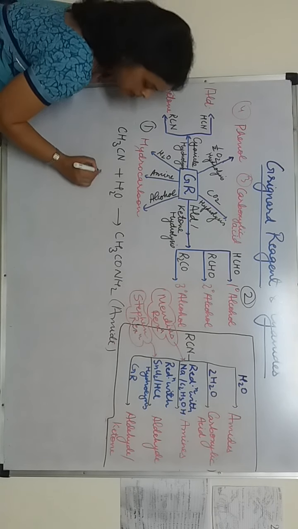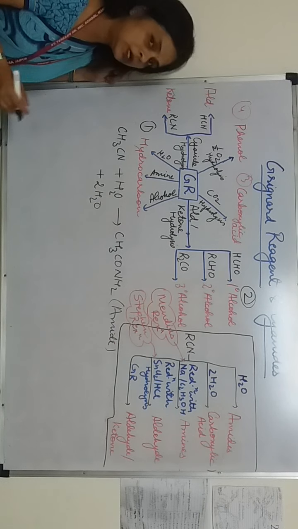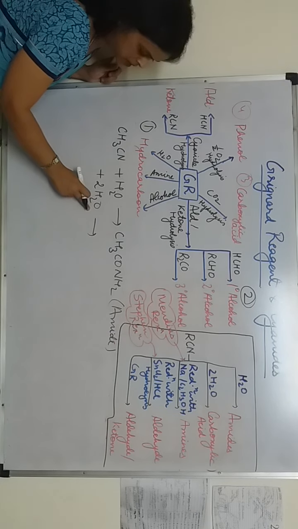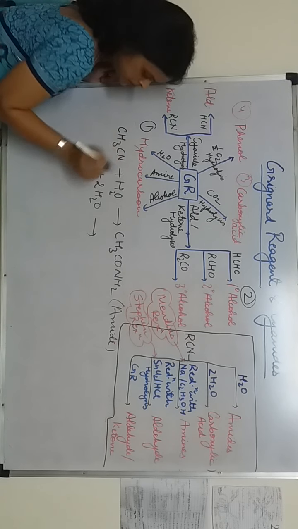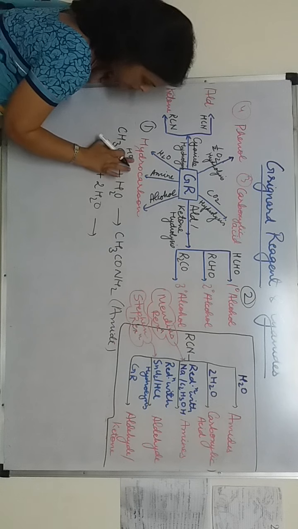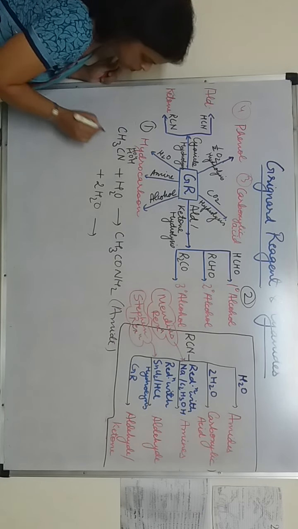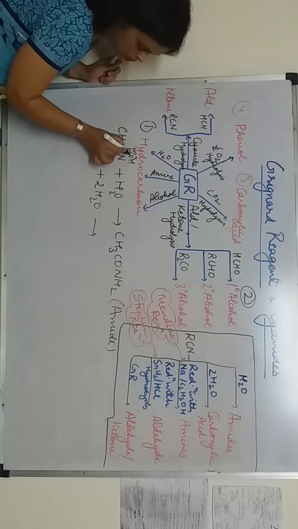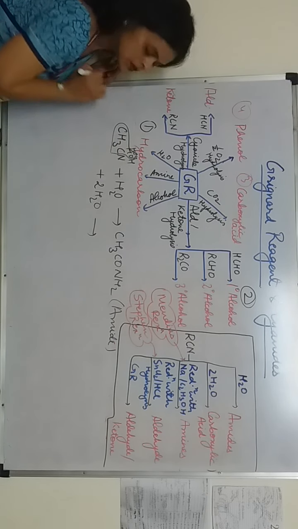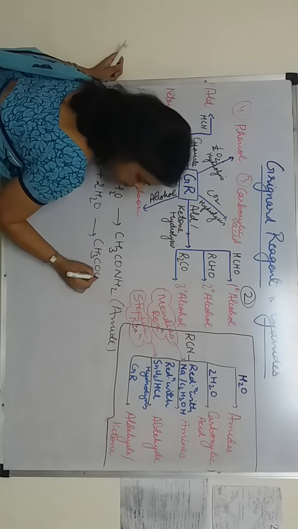When it combines with two water molecules, that means it is undergoing complete hydrolysis, so we write HOH and one more HOH, and we get CH3COOH. They combine and form acetic acid.